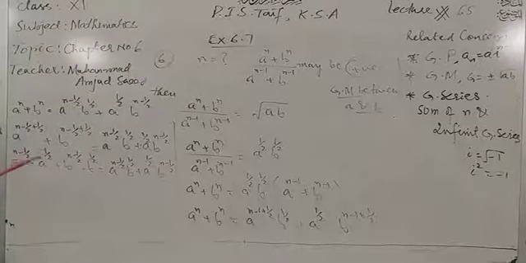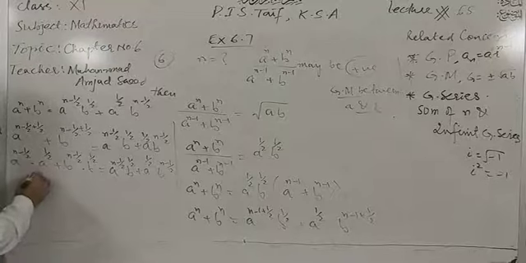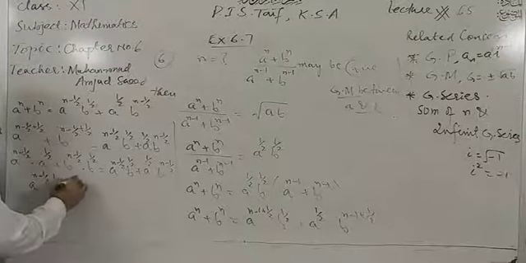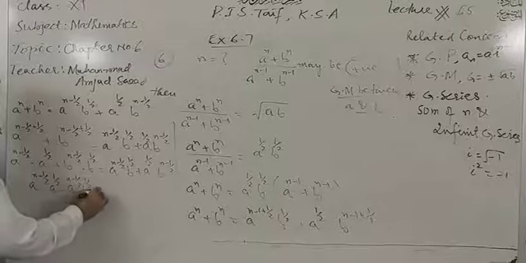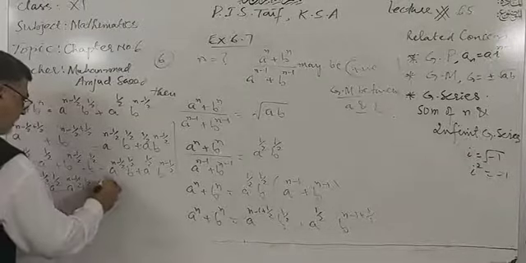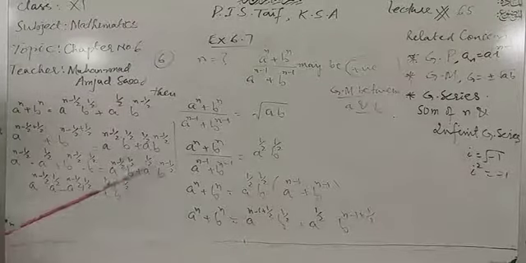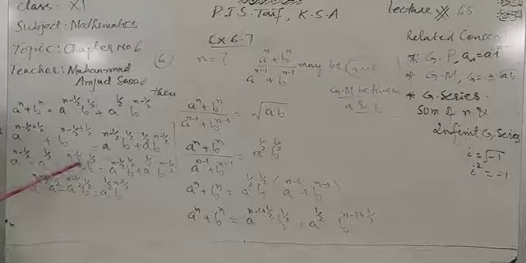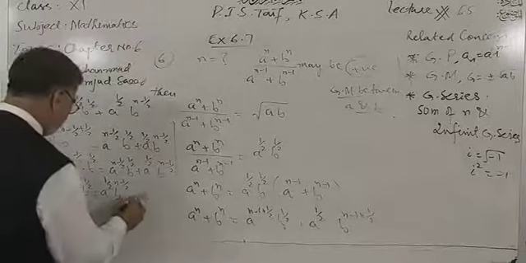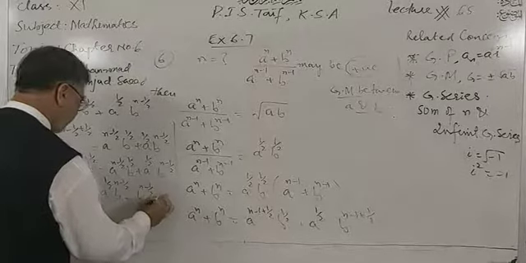Bring this term to the left hand side. We can write a^(n-1/2) a^(1/2) - a^(n-1/2) b^(1/2) = a^(1/2) b^(n-1/2), this one, and bring the term b^(n-1/2) b^(1/2) to the right hand side: minus b^(n-1/2) b^(1/2).